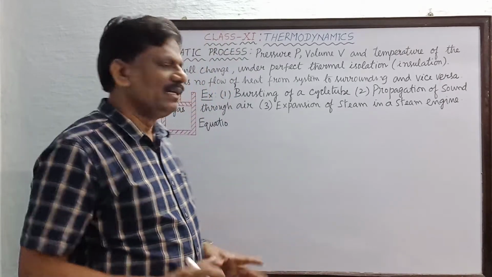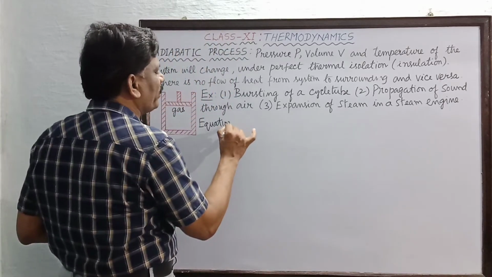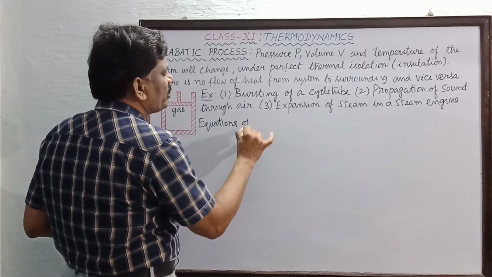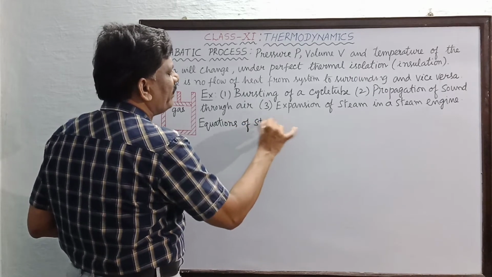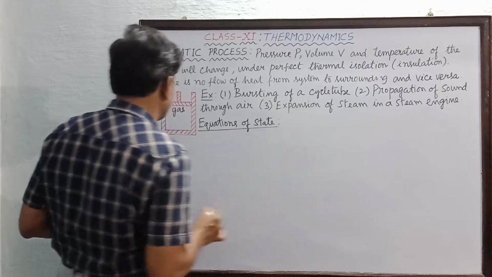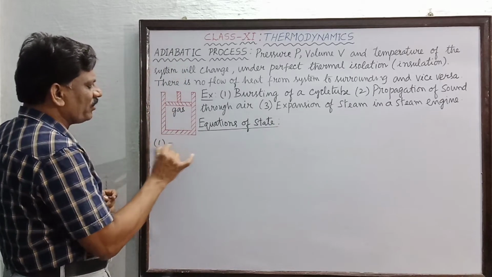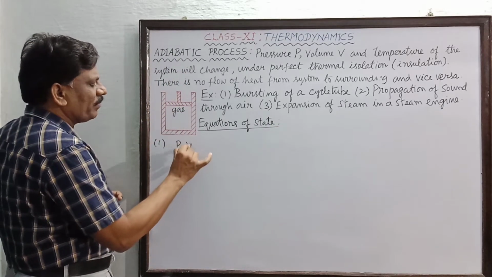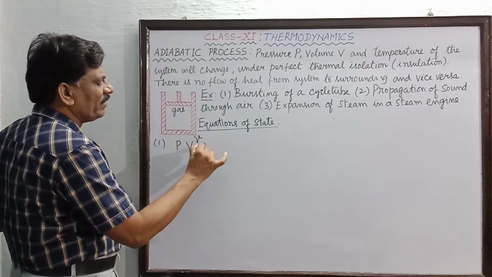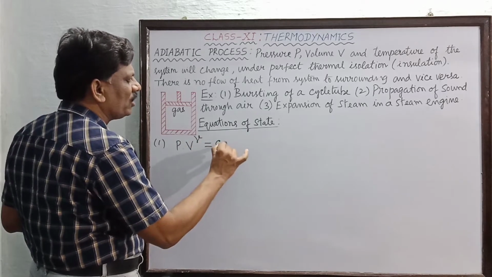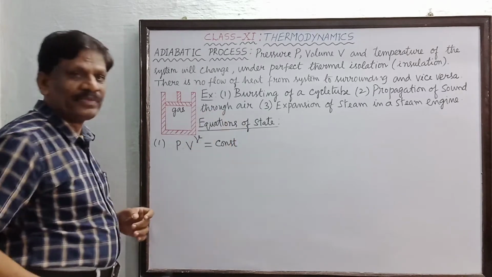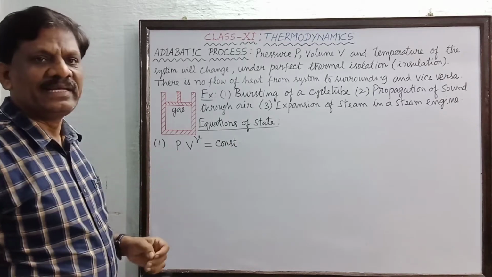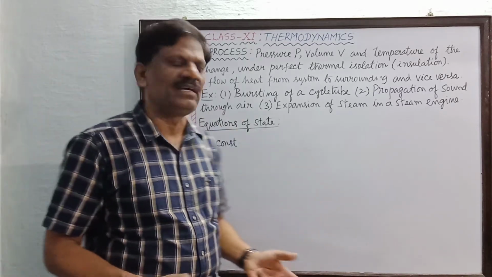Like that, here we are going to express three equations. The first equation is P multiplied by V raised to the power gamma is equal to constant. It is a relation connecting the pressure and volume of the gas.